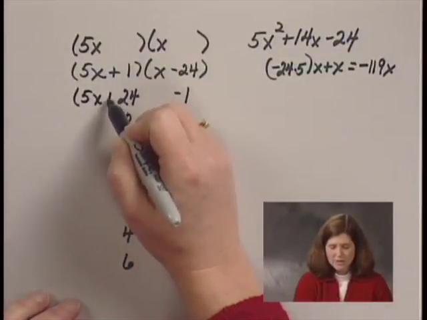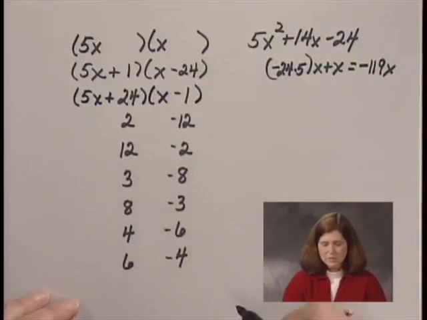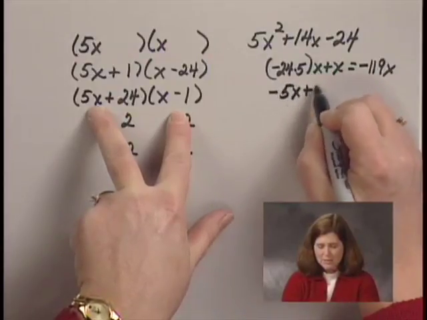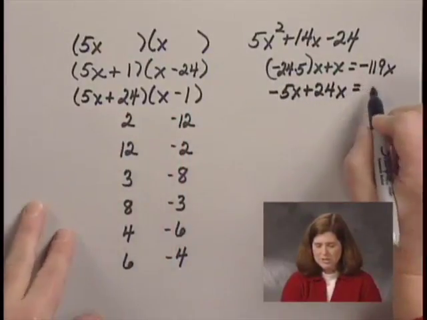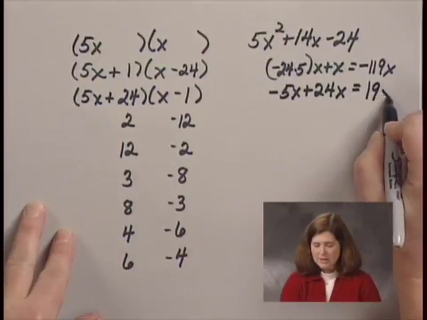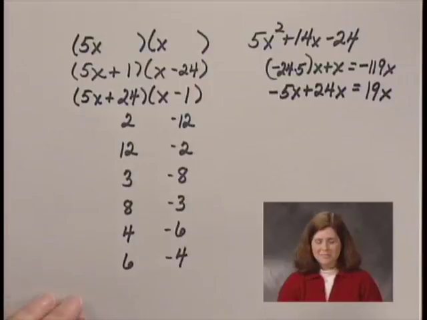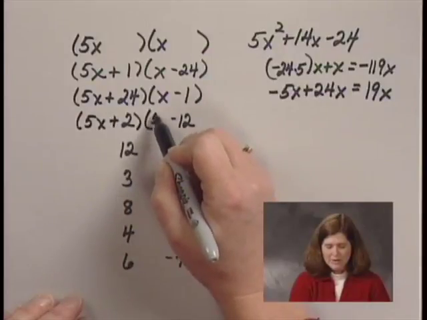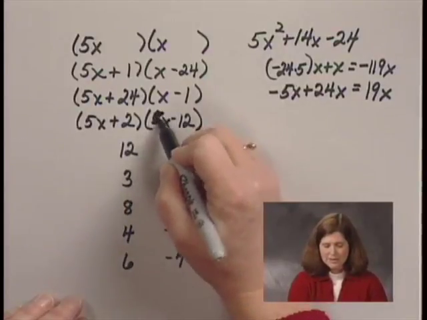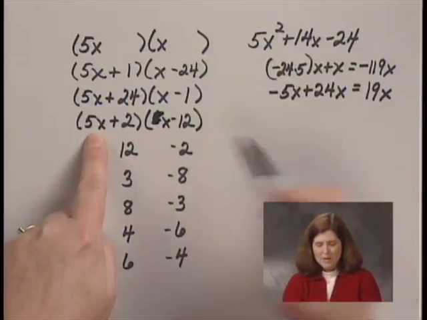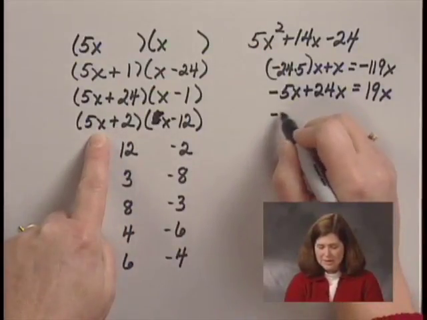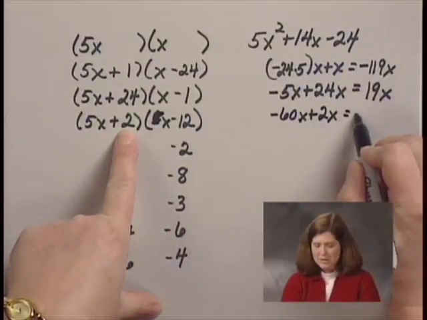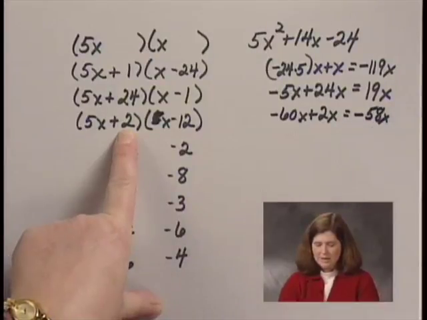I have 5x plus 24 times x minus 1. My middle term then would be negative 5x plus 24x, which is 19x. That's close to 14, but not exact. So I'll try 5x plus 2, x minus 12. My middle term will be 5x times negative 12, that's negative 60x, plus 2x, which gives me negative 58x.